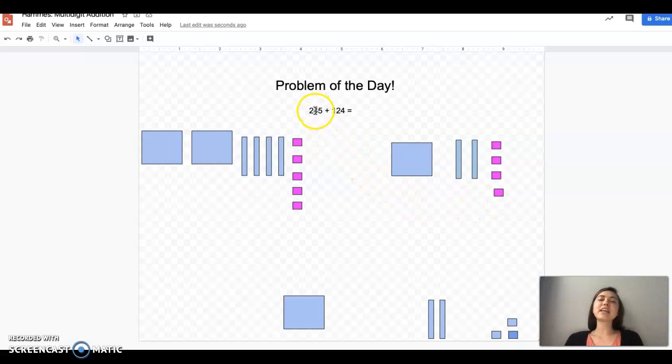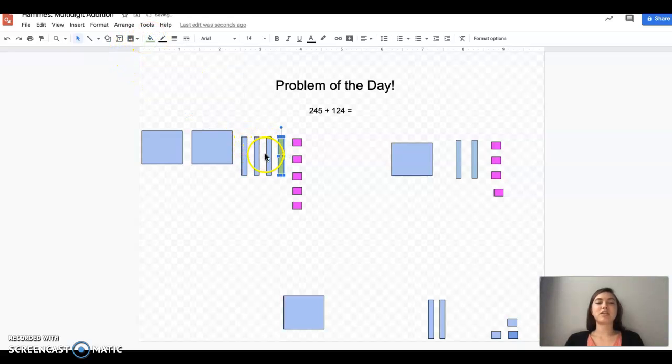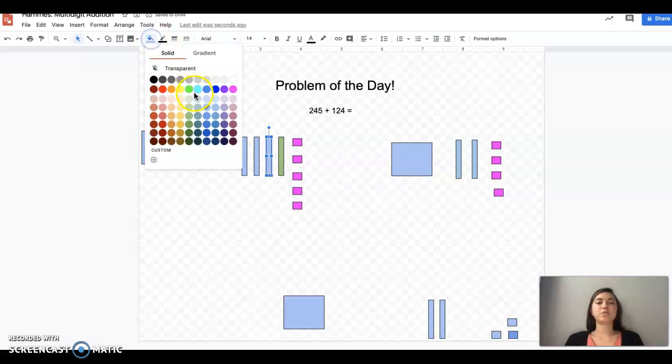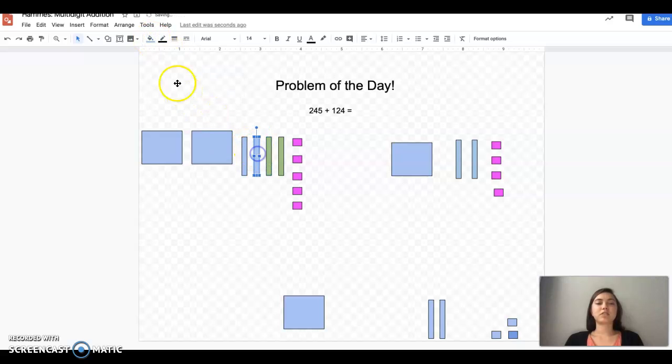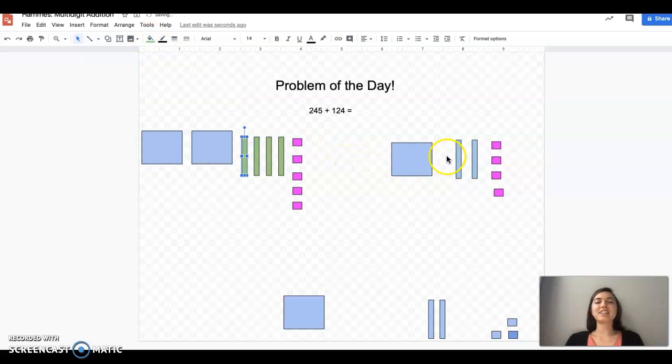Let's look next door at tens. How many tens do I have in the number 245? 40. How many tens make up 40? 4 tens. So we'll make our tens green. There's 1, 2, 3, 4. 4 tens.